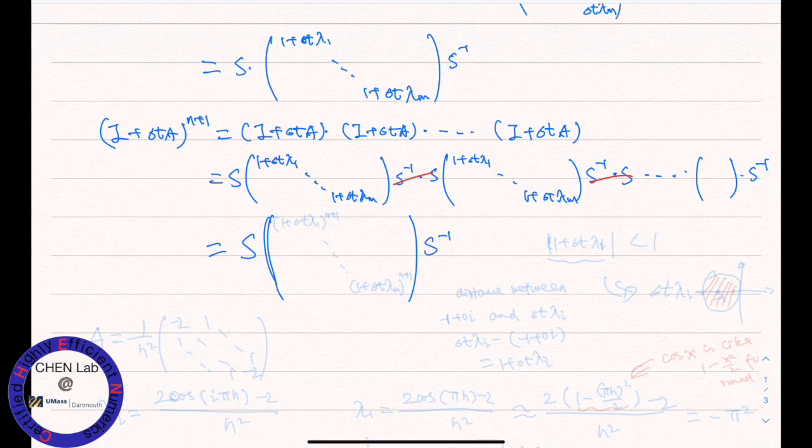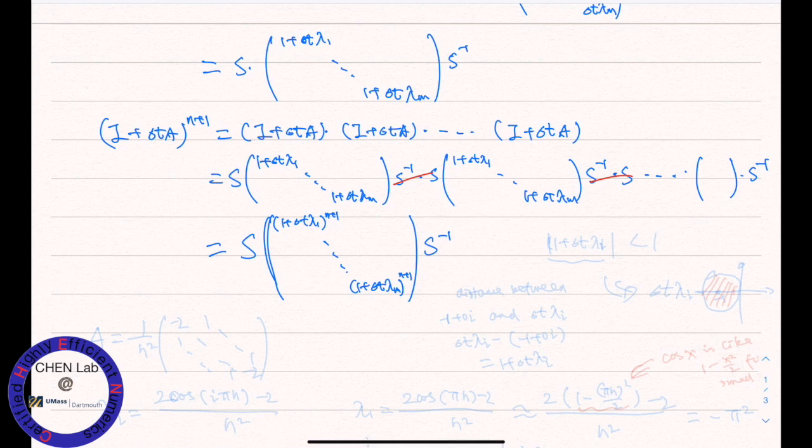A product of two diagonal matrices is still a diagonal matrix. So the product of all these diagonal matrices is a single diagonal matrix, with each entry being this diagonal entry to the m plus 1's power. You get m plus 1 of them, up to lambda m to the m plus 1's power.